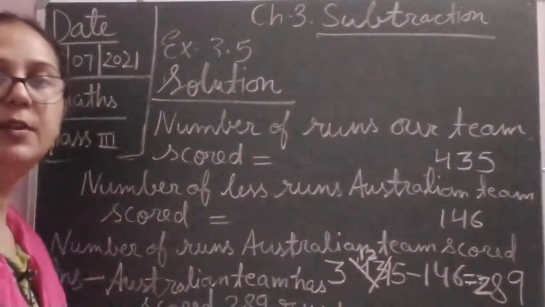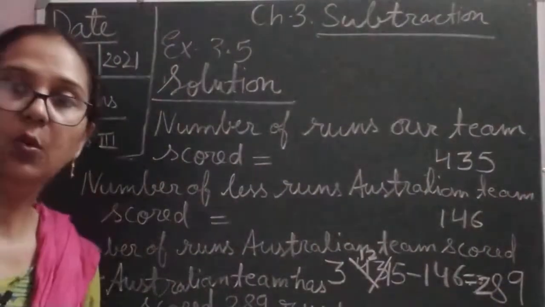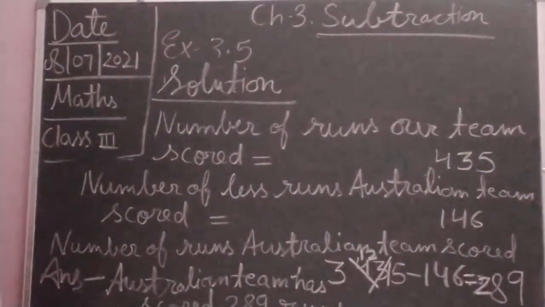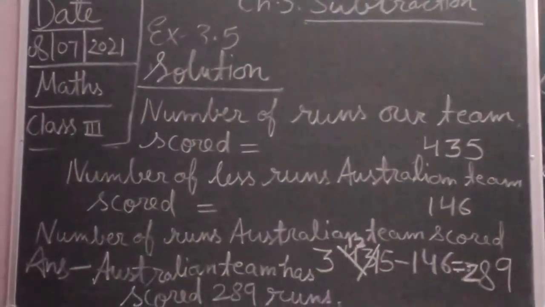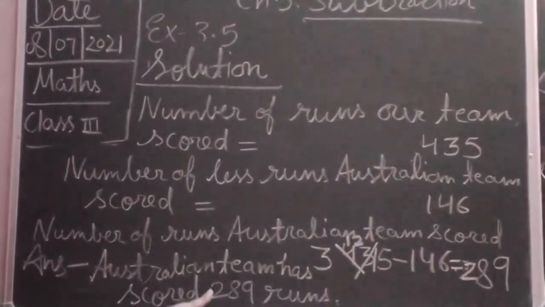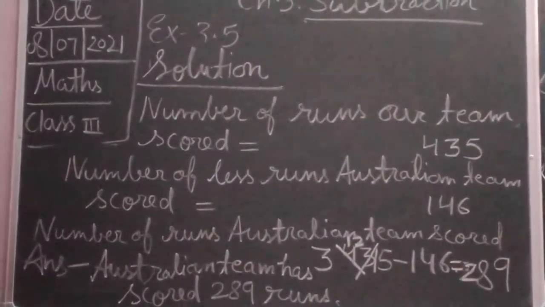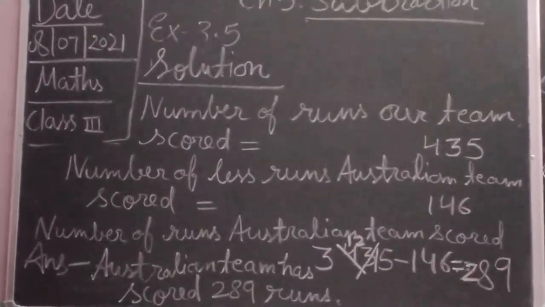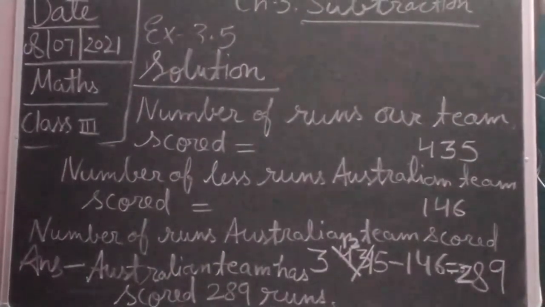So here after subtraction we will get Australian team has scored 289 runs. Okay children, so complete it. Now here you can see 289 runs. Okay. Take a screenshot. Okay children.